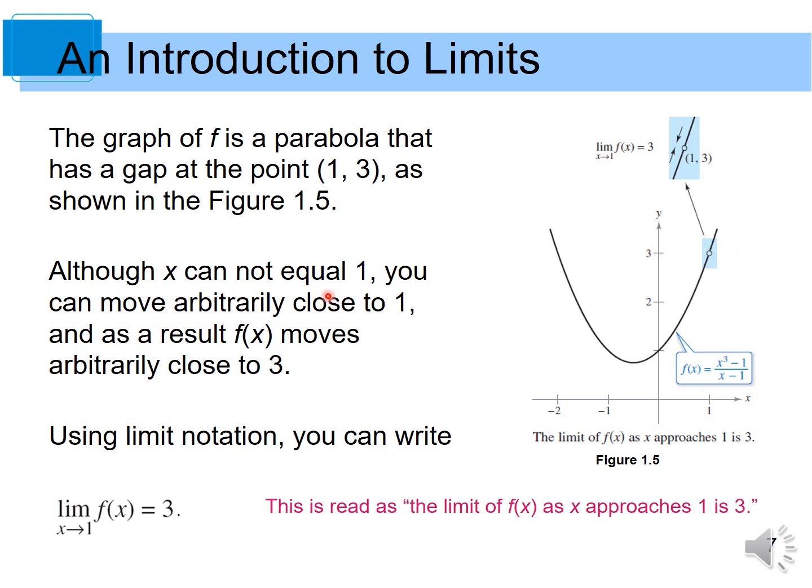Although x cannot equal 1, you can move close to 1. As a result, f(x) moves close to 3. Using limit notation, you can write the limit of f(x) as x tends to 1 is equal to 3.